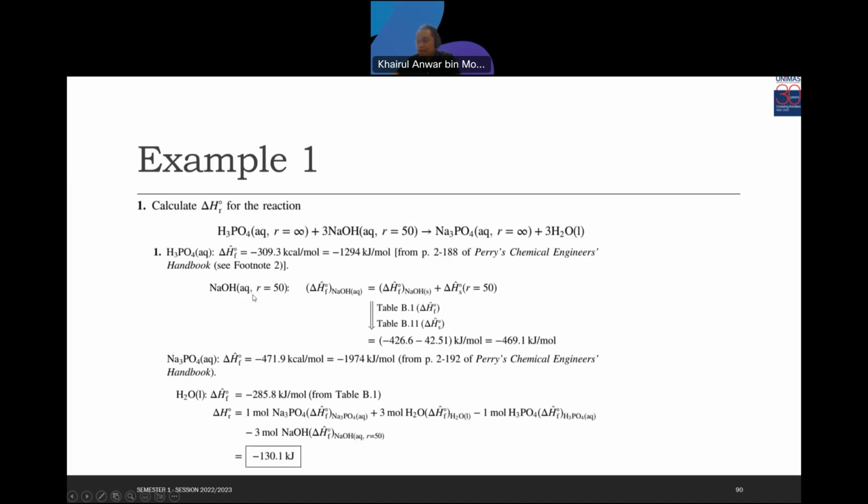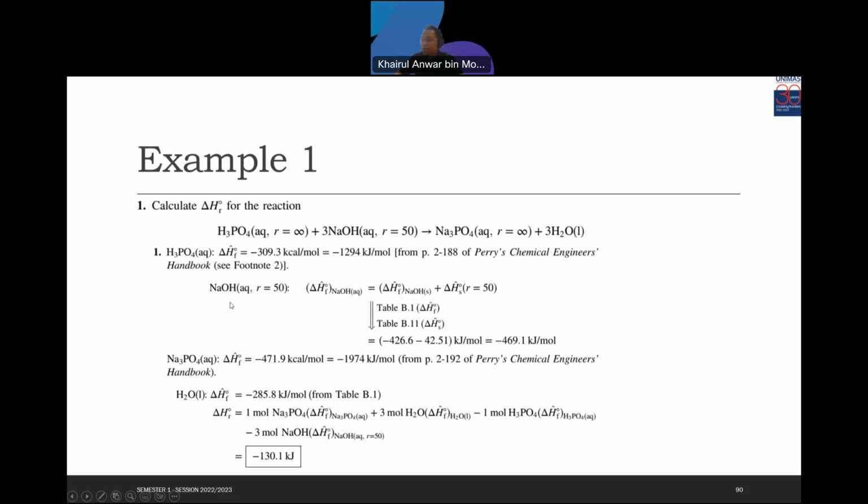For NaOH with r equal to 50, delta HF of NaOH solution is equal to delta HF of NaOH solid plus delta HS at r equal to 50. The first term is from table B1, while the delta HS is from table B11. The heat of solution is equal to negative 426 minus 42.51.